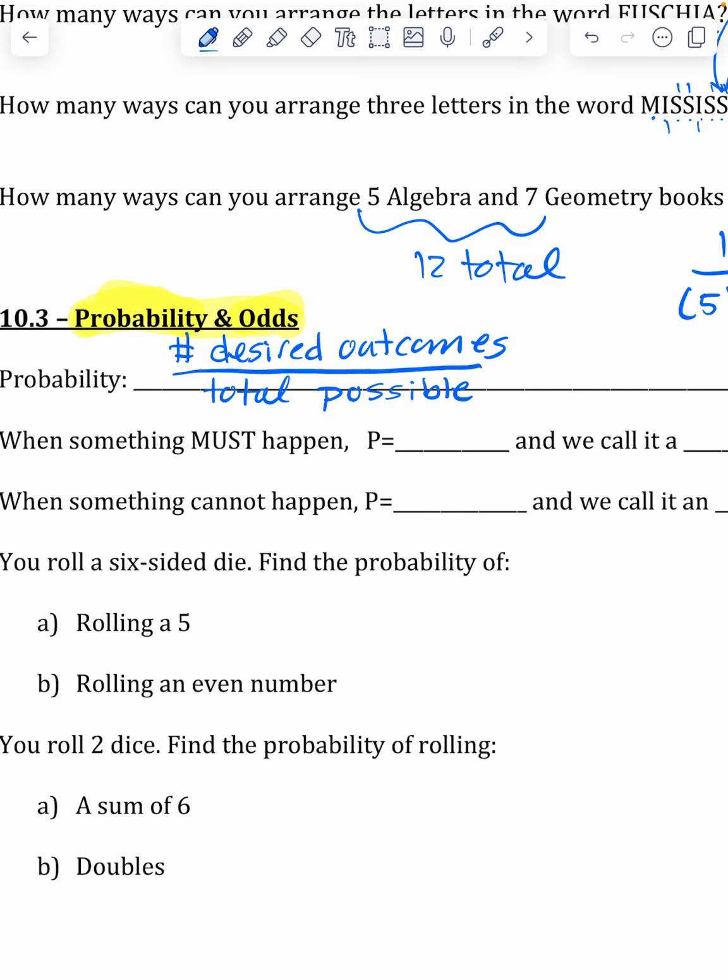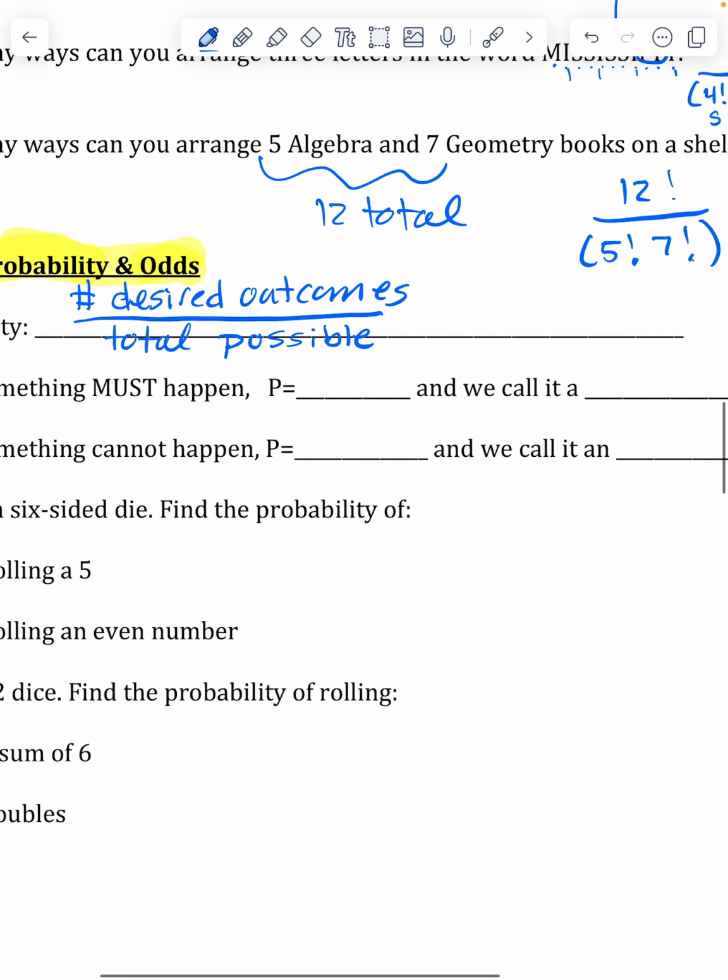So this is the total possible outcomes. That is a fraction. And you can never have more than the total. So the biggest the fraction can ever be is when the top and bottom are equal. If you had 5/5 or any number over itself, keep in mind that that'll max out at 1.